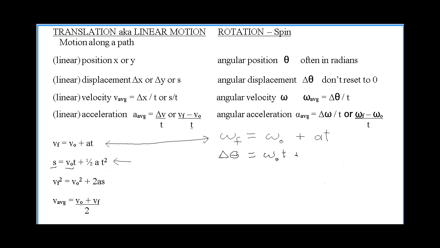And then we're adding on 1/2 times the linear acceleration. So we need 1/2 times angular acceleration, that's our alpha, and instead of time squared, well, once again, there's no substitute for time, so we'll be using time squared. That is our rotational version of the second equation.